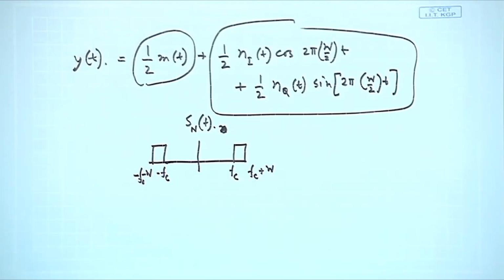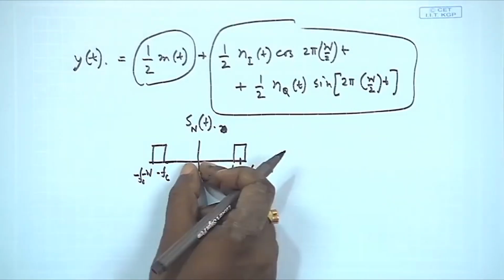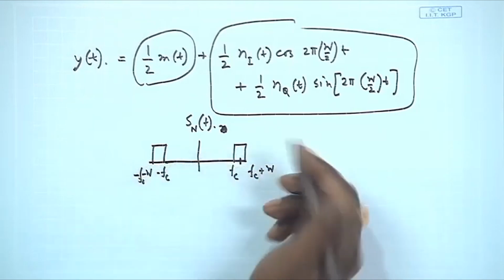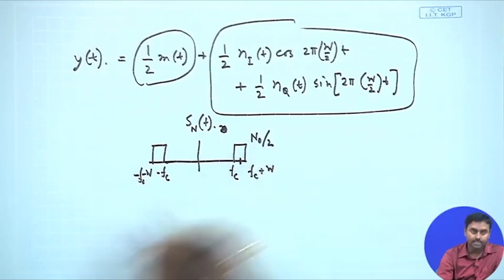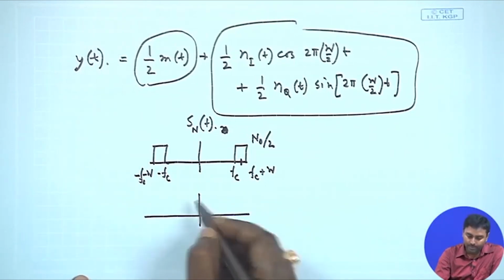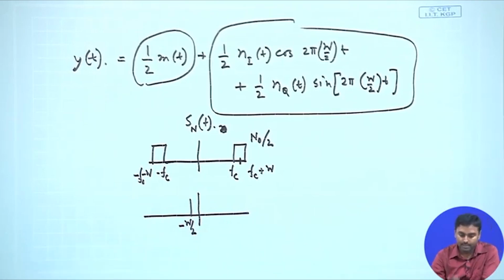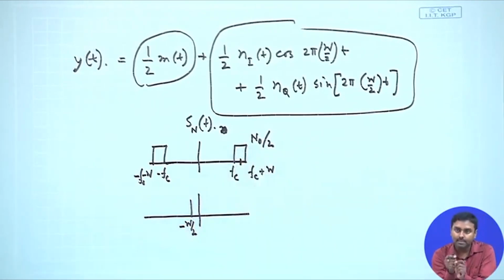So, if I now try to evaluate the Ni, that should be my central frequency, and this will be shifted over here and this will be shifted over here. The strength was N0 by 2, right. So, Ni will be going from minus W by 2, because the central frequency is basically Fc plus W by 2 and that much shift we give.